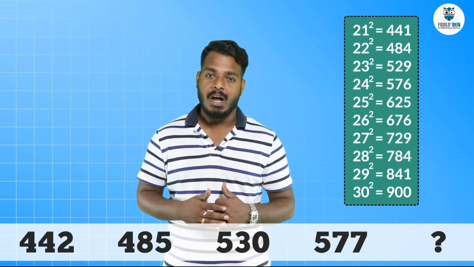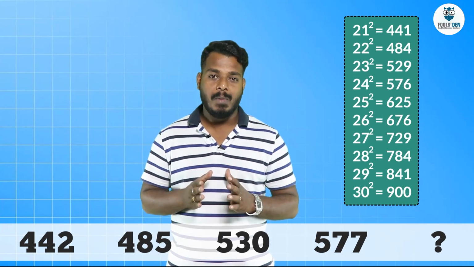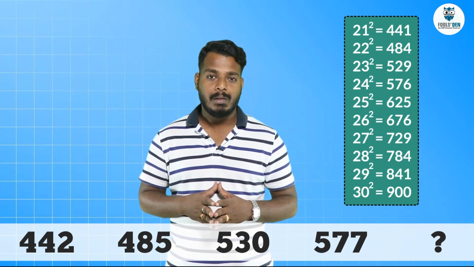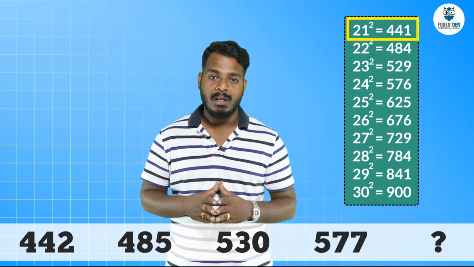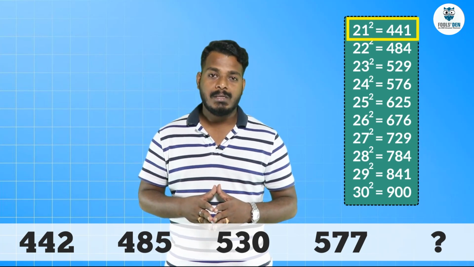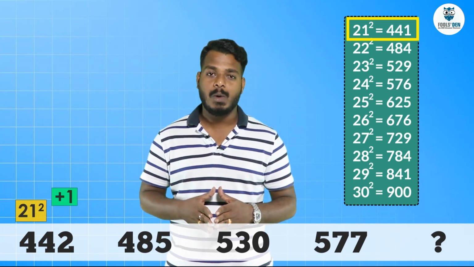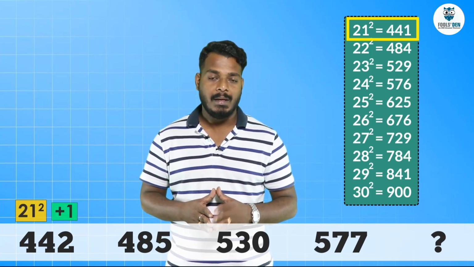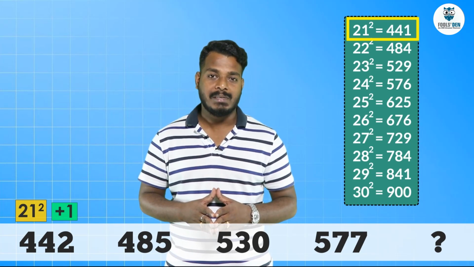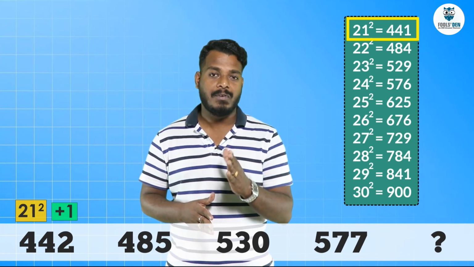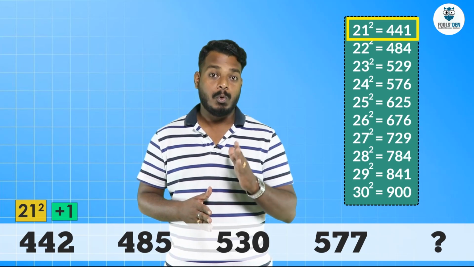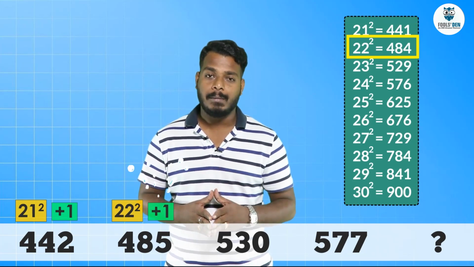Look at the squares chart and see, is there a number close to 442 there? Yes, we have 441, which is the square of 21. So can we say that 442 is 21 square plus 1? Surely. Now look at the second number of the series, 485, which is nothing but 22 square plus 1.